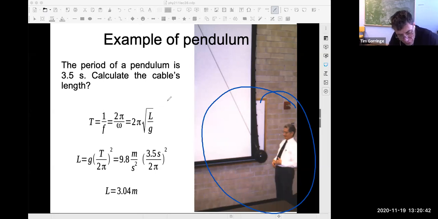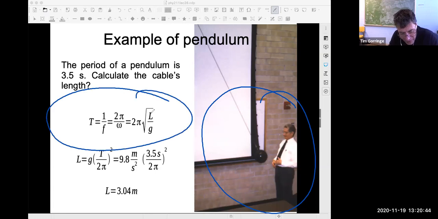And so I just wrote that down: the period of the pendulum is the inverse of the frequency. The period is the number of seconds of one complete oscillation. The frequency is the number of oscillations per second. And that frequency itself is the number of radians per second divided by 2 pi.